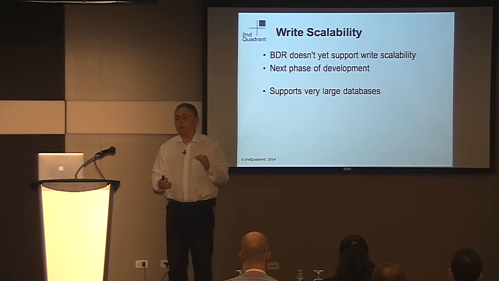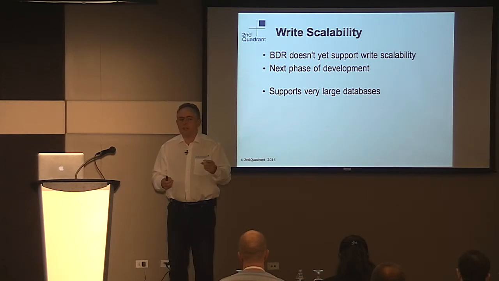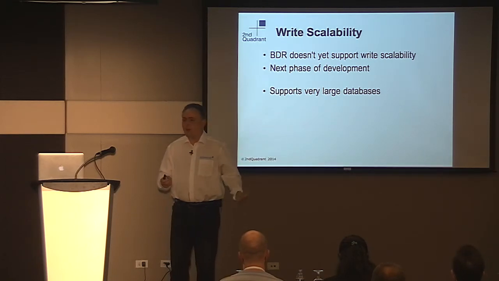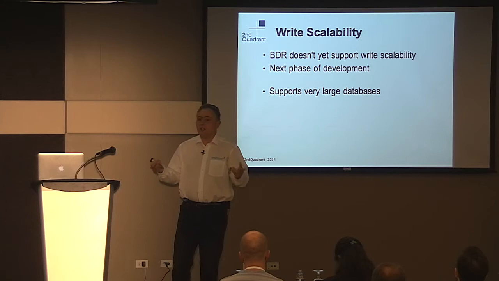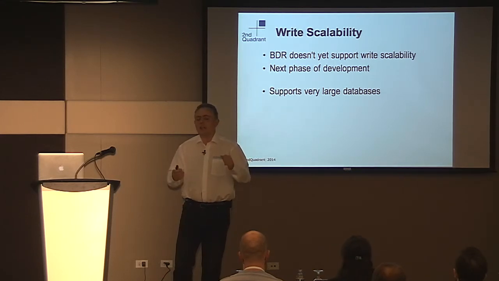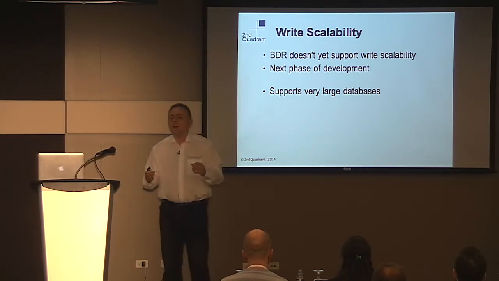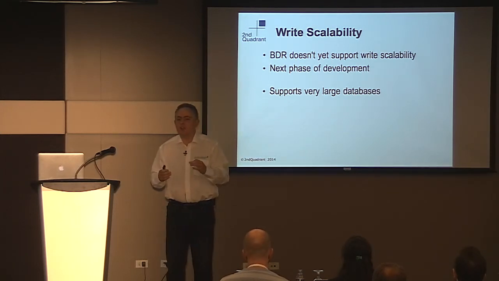Some people say, well, one node does 100,000, I need 1 million transactions per second, therefore I need 10 nodes. Well, that doesn't work on any system I've ever worked with. It certainly doesn't work on things like Mongo, but there is some sort of calculation to be had. So at this point in time, we haven't got that kind of 10x scalability.